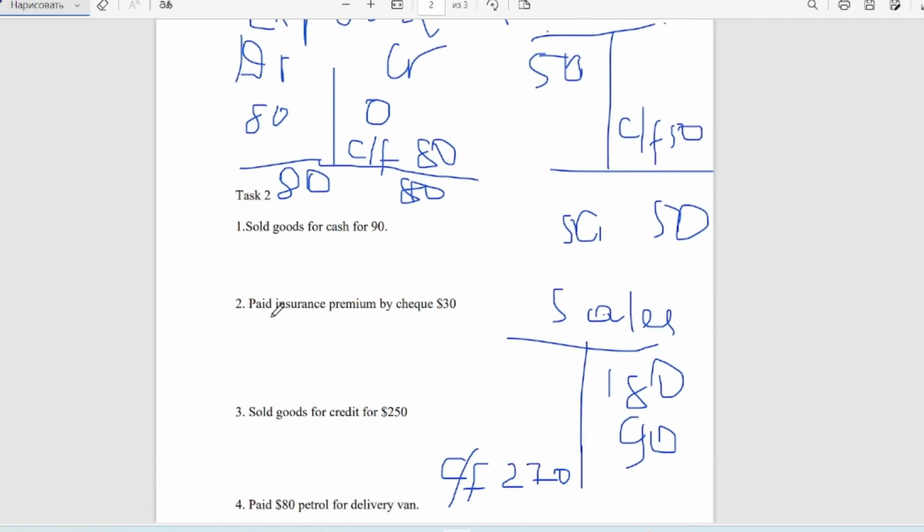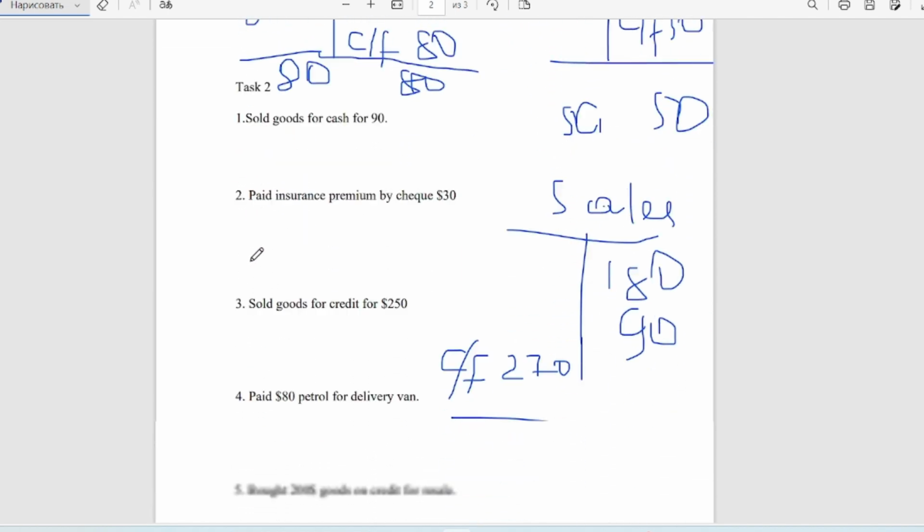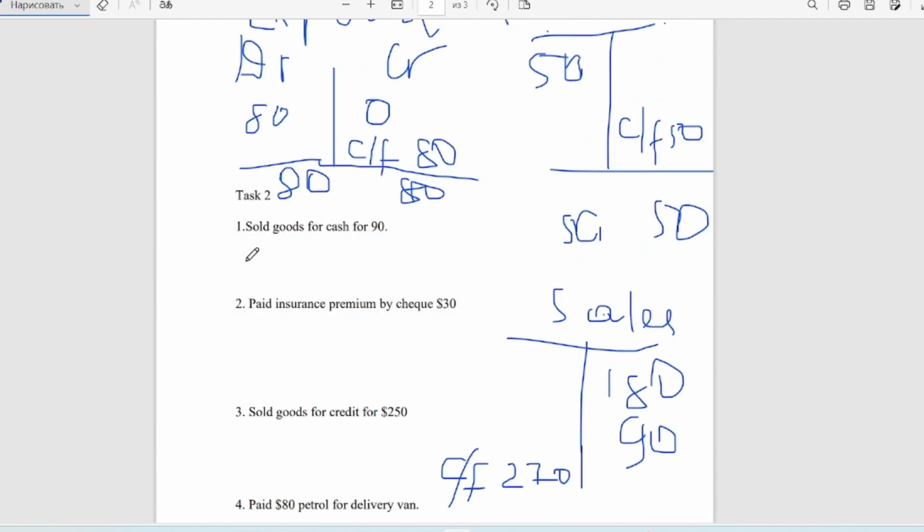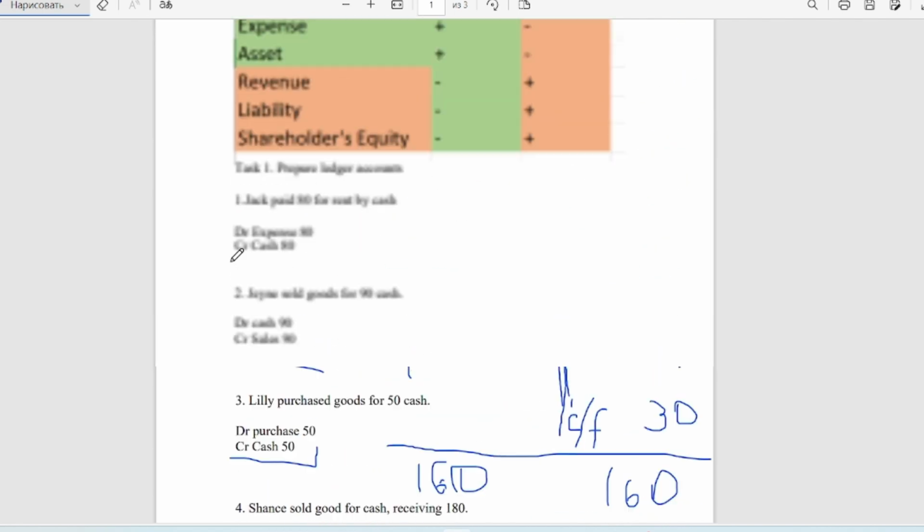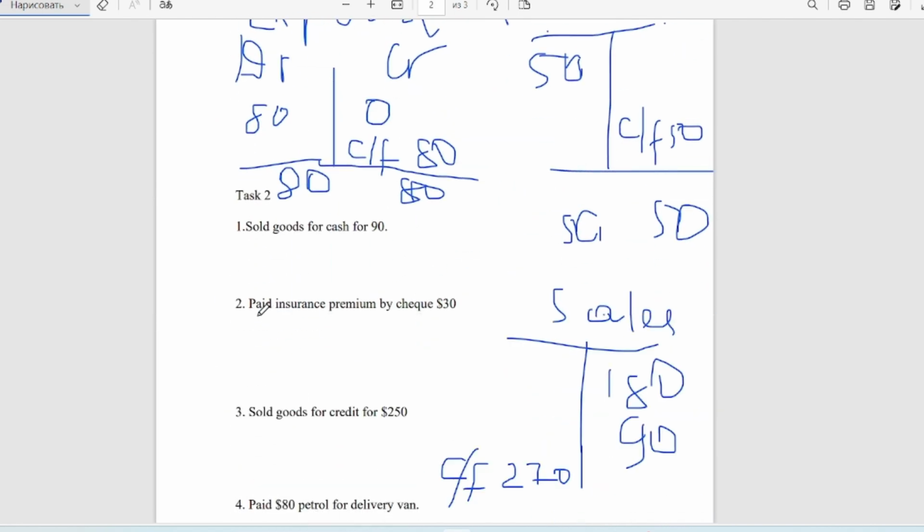So that's why let's do one more activity, one more example for these debit credit sides. Sold goods for cash for $90. Sold goods, as the name suggests, it is sales, and cash, as the name suggests, it is cash.